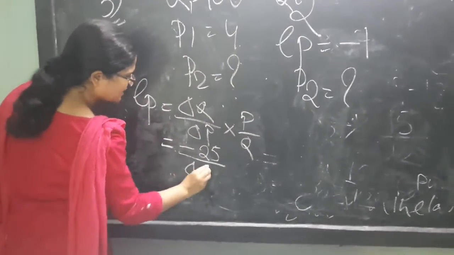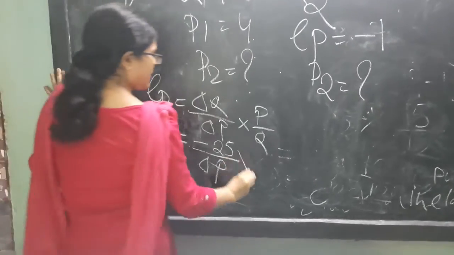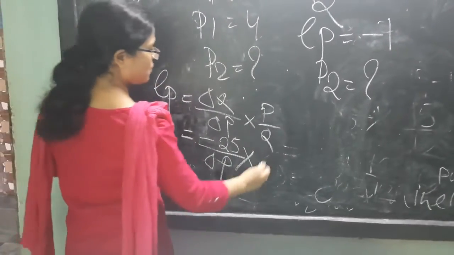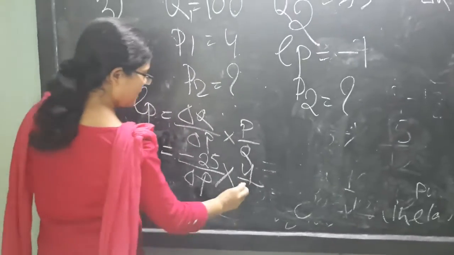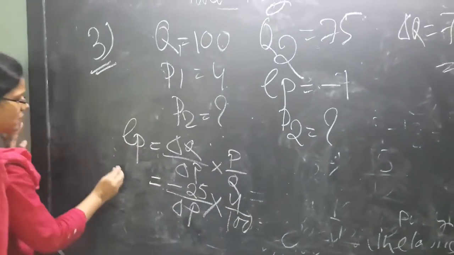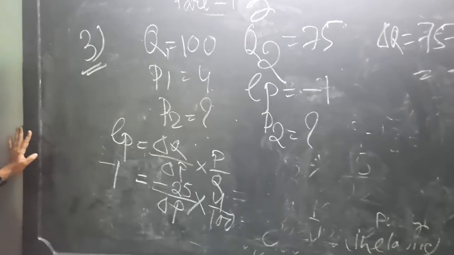Delta P, how much change in price? Nobody knows. P, the initial price, is 4. Initial quantity demanded is 100. So EP is -1. If you solve, how much is coming?